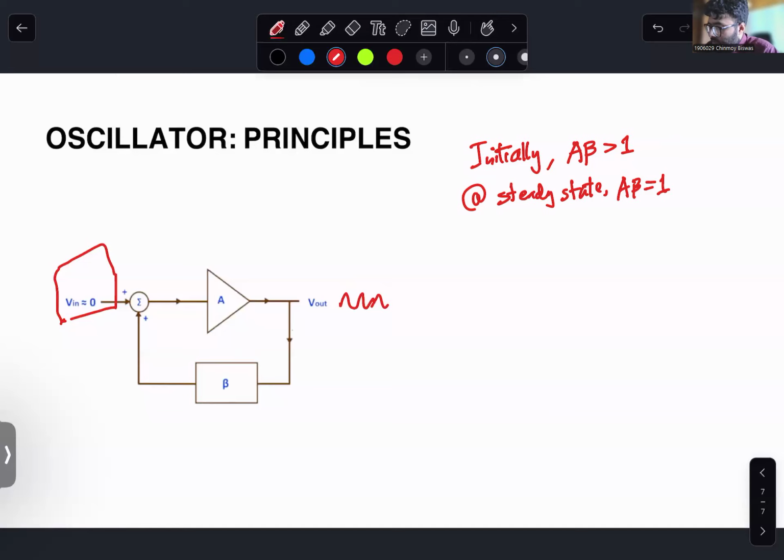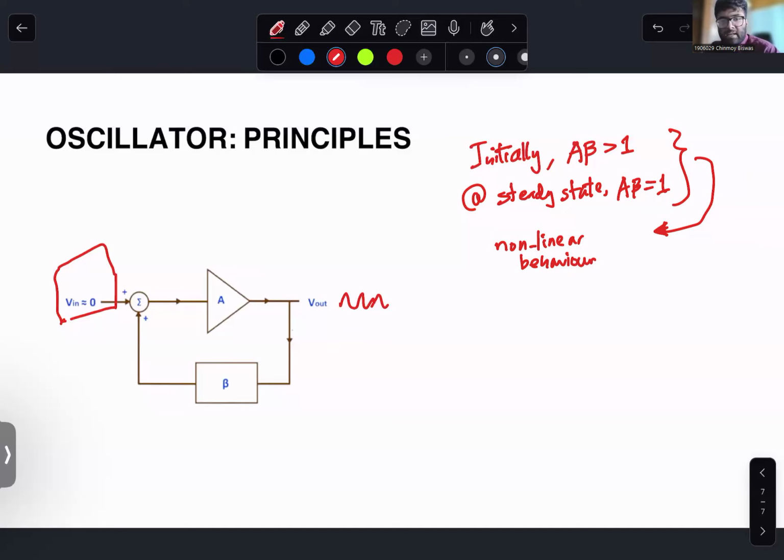And this behavior is possible because of the non-linear behavior of the amplifier or the feedback circuit. So in this way, the noise signal of a desired frequency will get built up over the period of time, and once the signal reaches a particular voltage, then the loop gain of the circuit will become 1. So the sustained oscillation is maintained, and this is the basic principle of the oscillator.